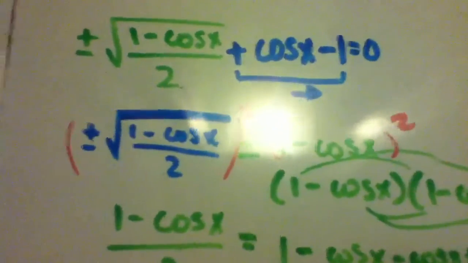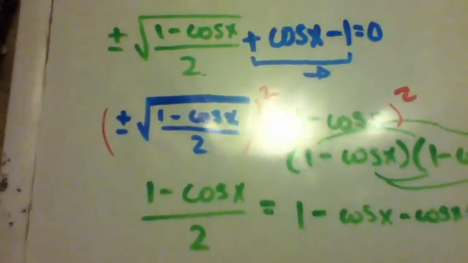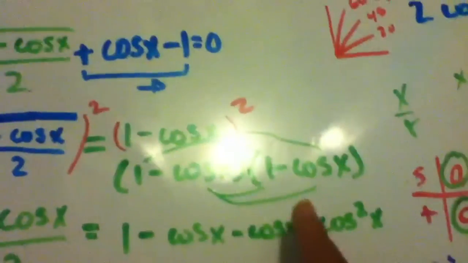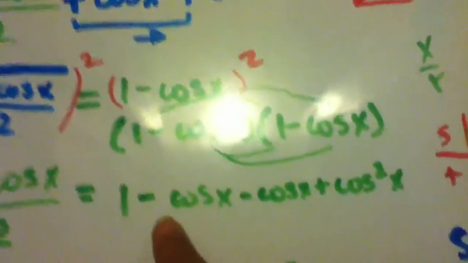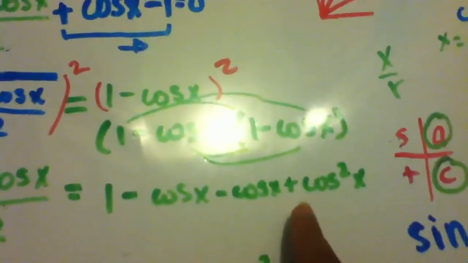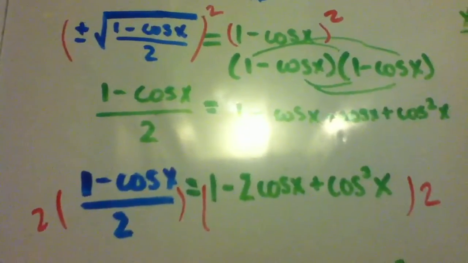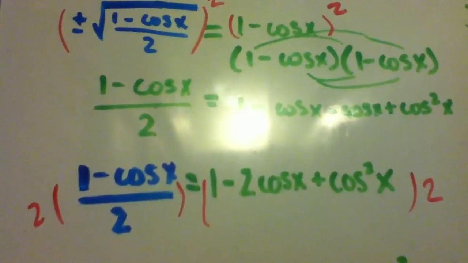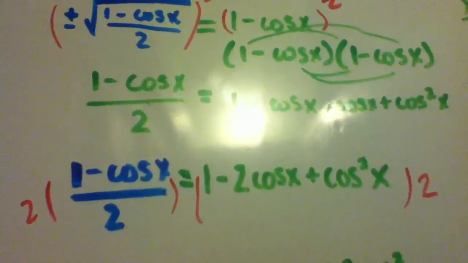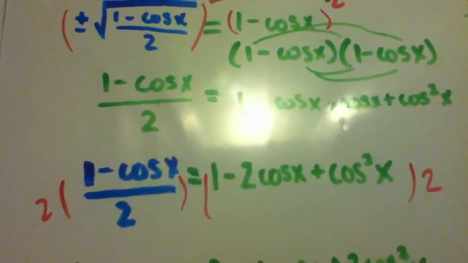So for this part we have (1 minus cosine x)/2, and for this part we FOIL and we end up getting 1 minus 2 cosine x plus cosine squared x. So it results in (1 minus cosine x)/2 equals 1 minus 2 cosine x plus cosine squared x.